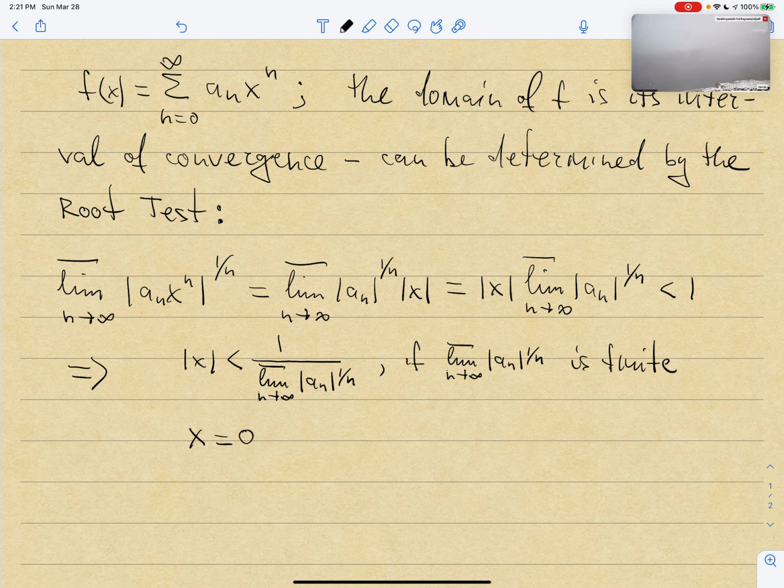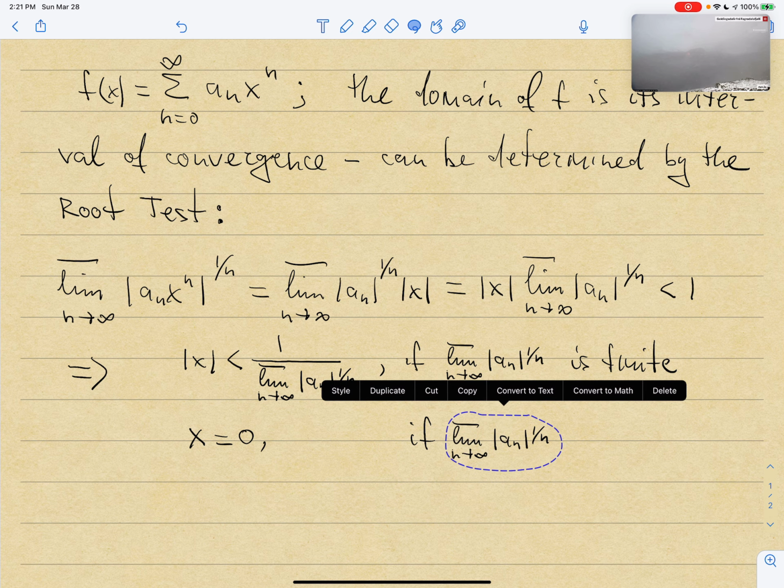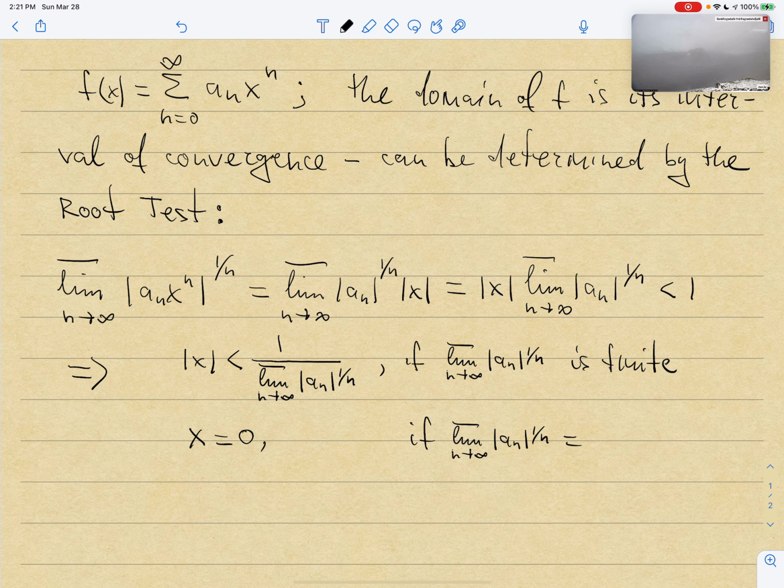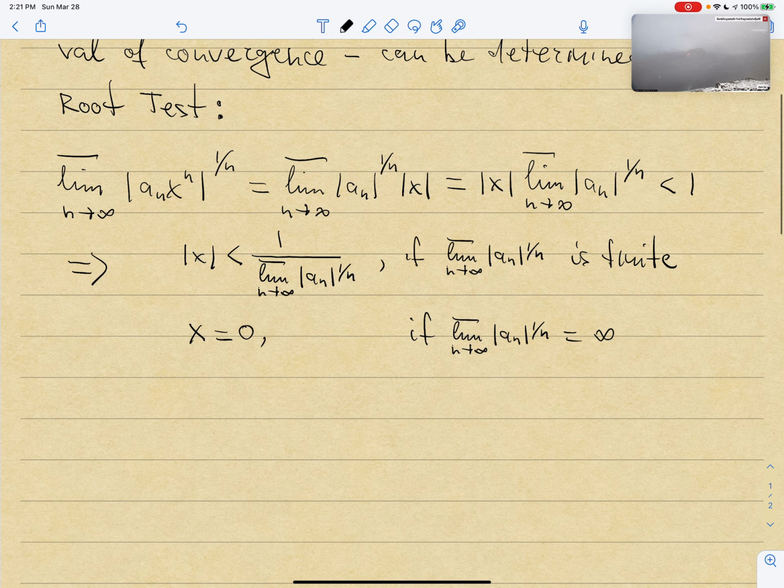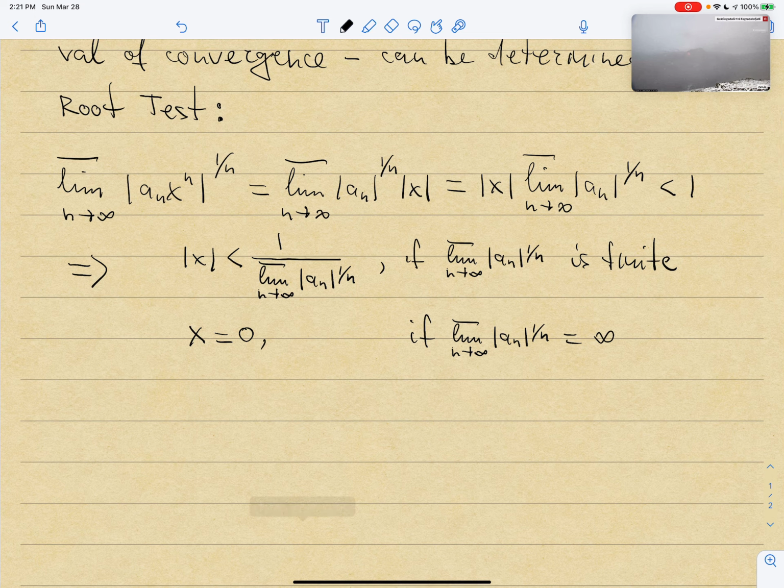And the absolute value of x is less than infinity if the limit is equal to 0. This is a theorem that we proved before. And so we have these three cases.